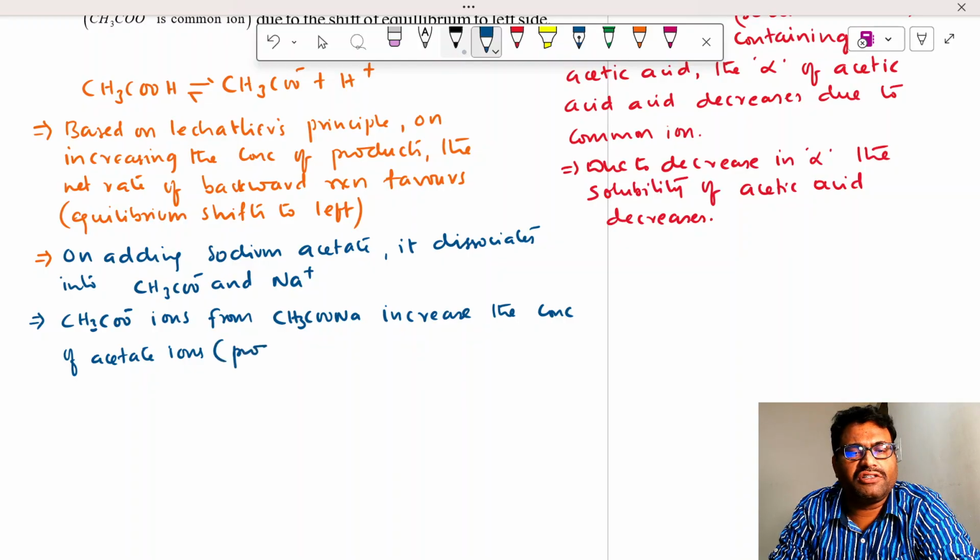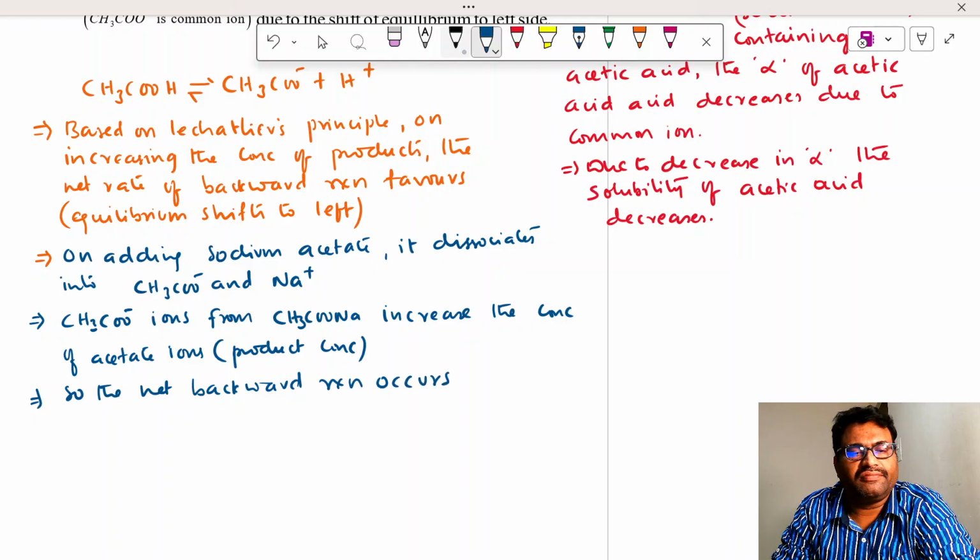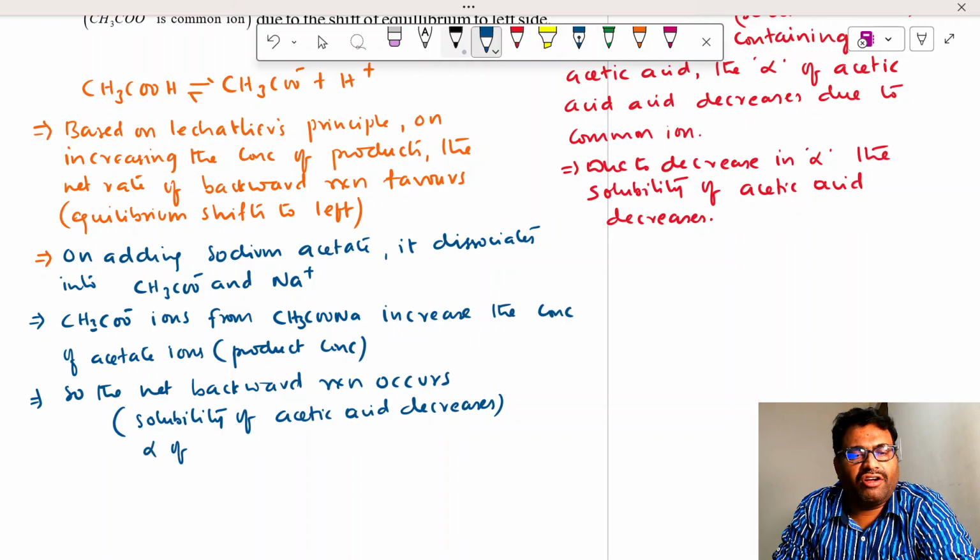That is the product concentration. So the net backward reaction occurs. That means the solubility of acetic acid decreases. Alpha of acetic acid decreases.